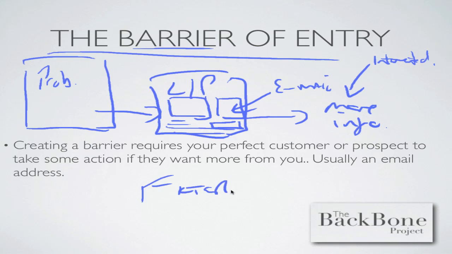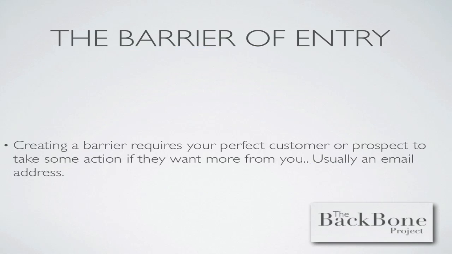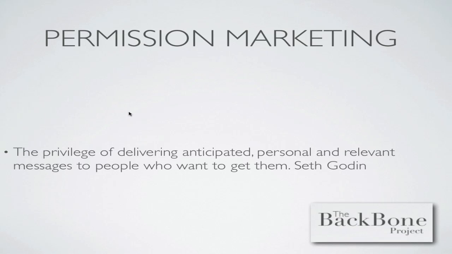It filters out those that are really not going to be in your target audience or in your avatar description. We put those people normally into a list that we can then send appropriate and relevant messages to via autoresponders or, you know, broadcast. So that's really in simple terms. So usually it's an email address. In most cases you can sort of ask for a name as well.